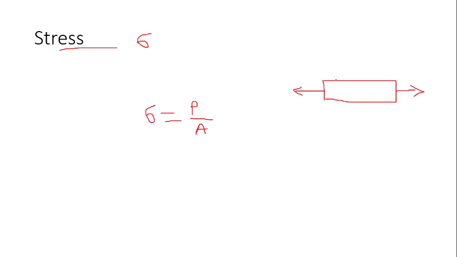If the block has a rectangular cross section, then we write the force P here, and the cross section of this object is A. If it is a rectangular cross section, then we write the cross section area of the rectangle, and this will be the stress.